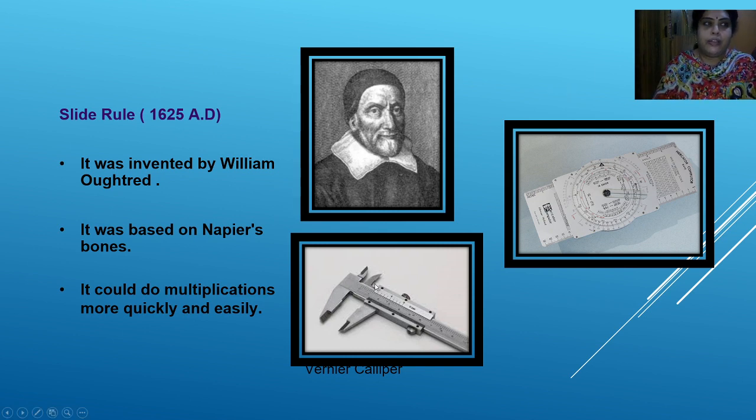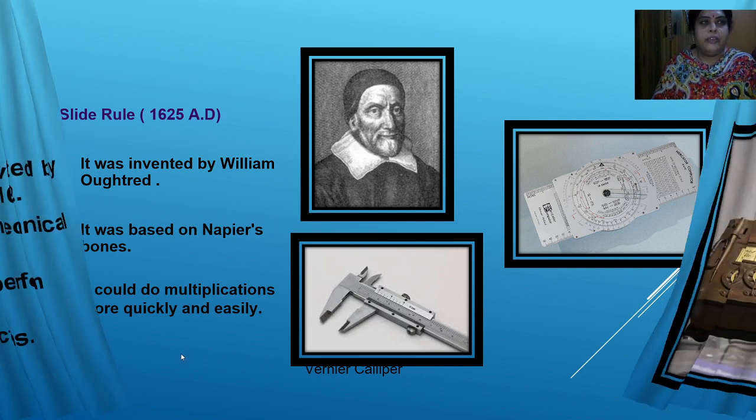You can imagine it to be like the present day vernier caliper, where one ruler is used to slide over another ruler and the measurements were taken. This is William Oughtred, and the actual picture of his slide rule is a little difficult to get, but you can imagine it to be of this sort.